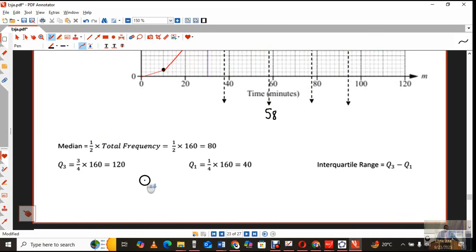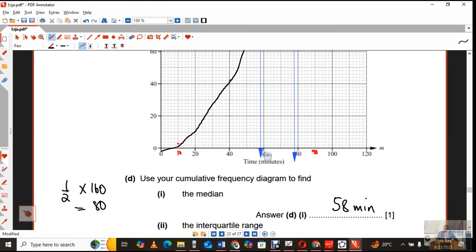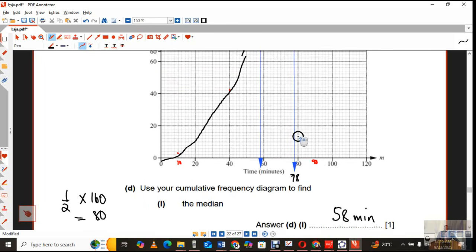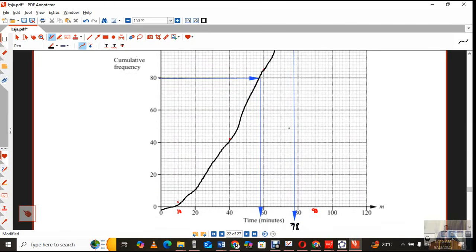And I think I have, okay, I haven't written it down. And then I know this is 78 because that is like 70, 72, 74, 76, 78. So that's 78 minutes. Right. Then we should find 25% of 160 to find the lower quartile.